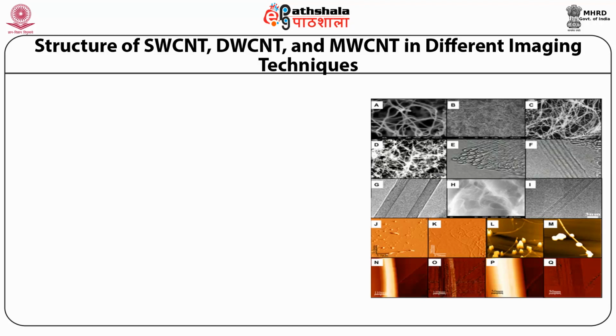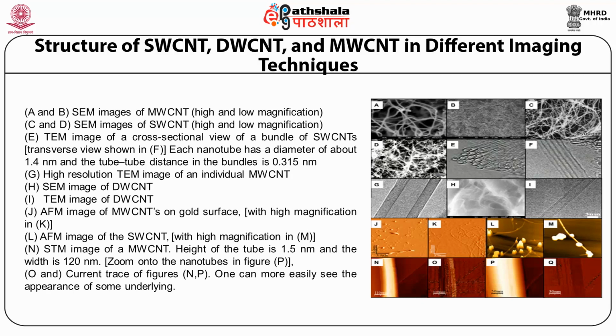The picture shown in A is the low magnification scanning electron microscope image, where you can see the bundle of carbon nanotubes. In D, E, F, you can see the transmission electron microscope images of the bundle of SWNT, single-walled carbon nanotubes.